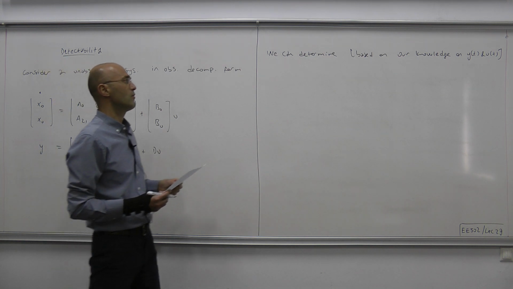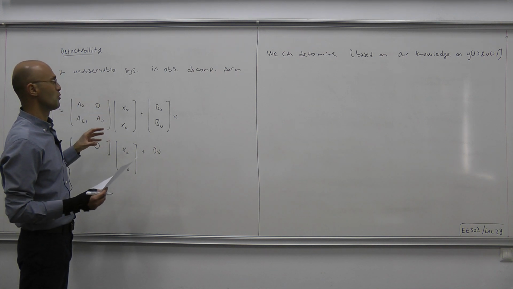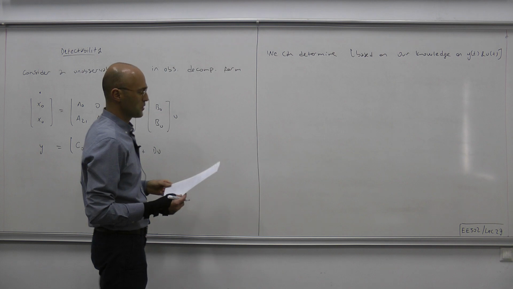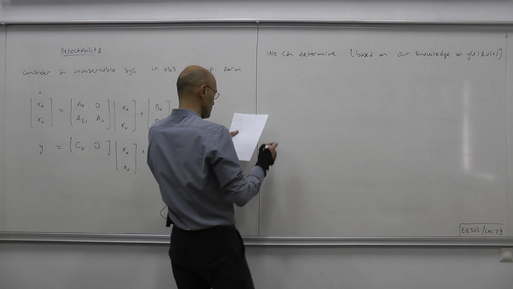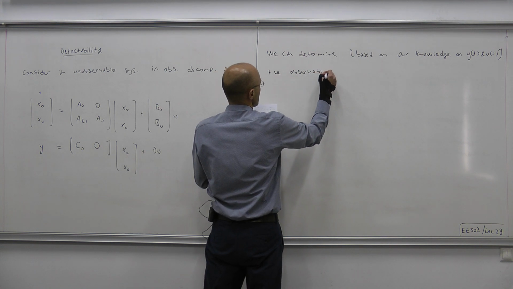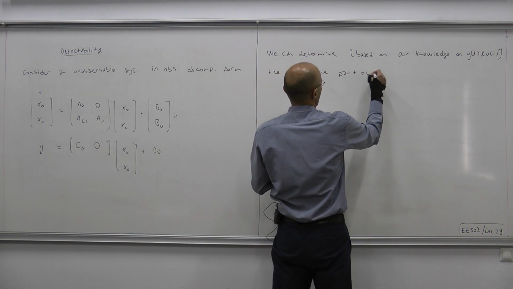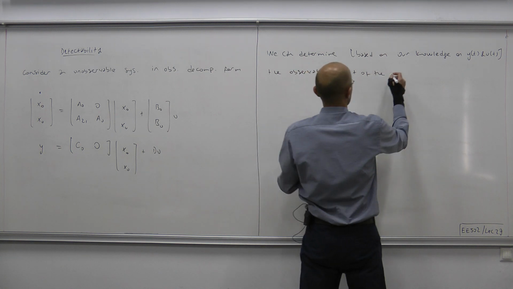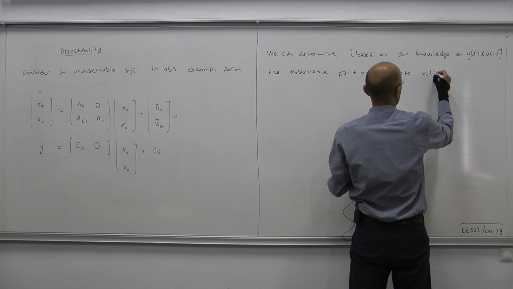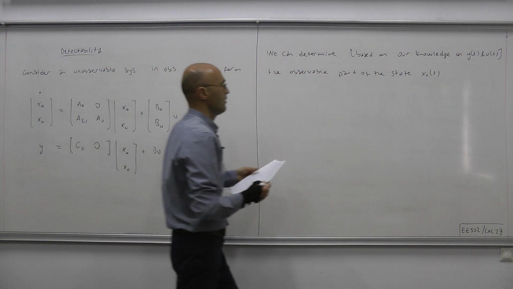Okay, so we know y and u, and the observable part of the state, xo of t, by definition of observability, can be determined using those signals.